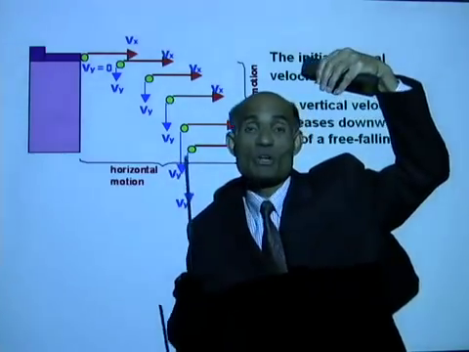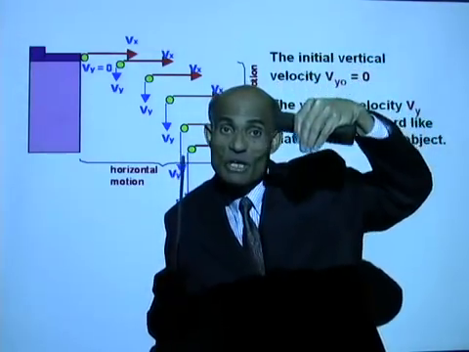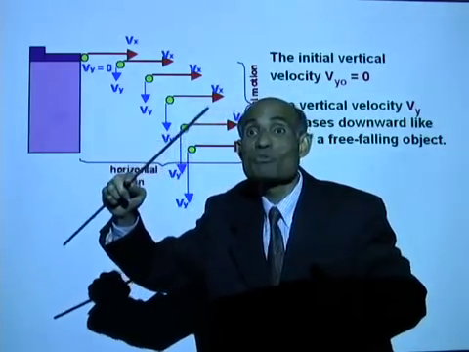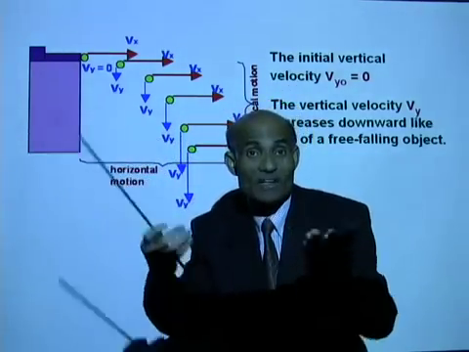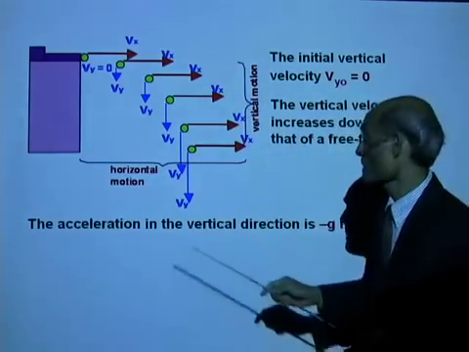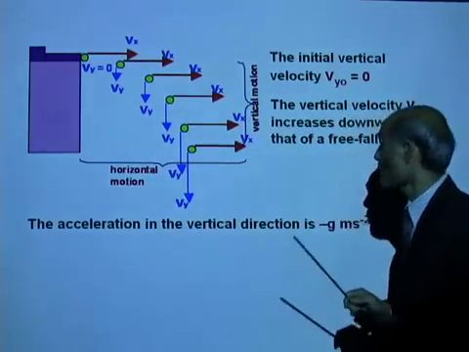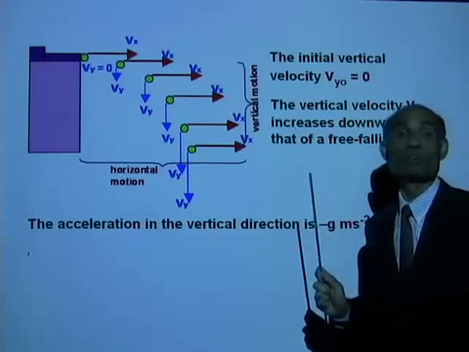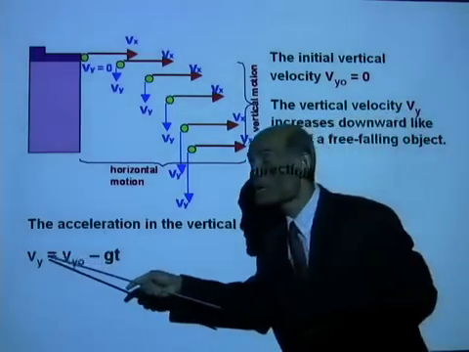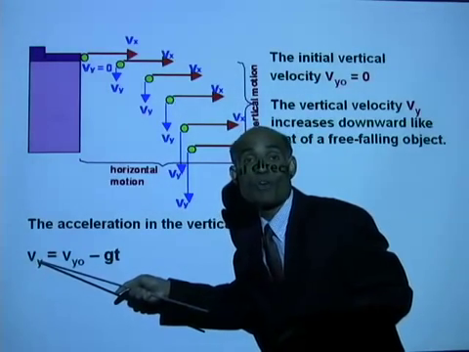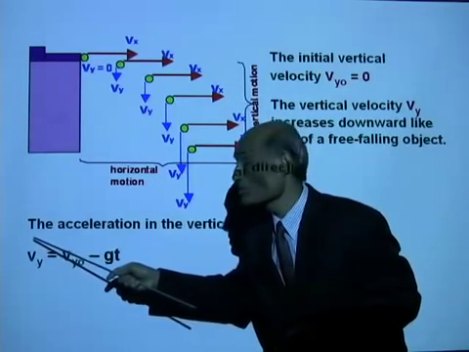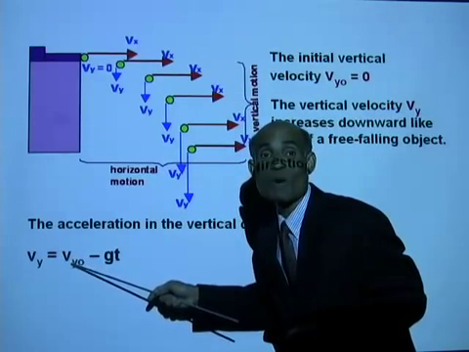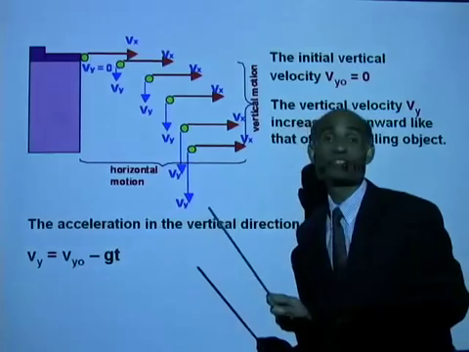The vertical motion of the freely falling ball and the vertical motion of the projected ball are exactly identical. The acceleration for the vertical motion is negative g, which we talked about. That means the equation for the velocity of the vertical motion is Vy equal to Vy0 minus gt.